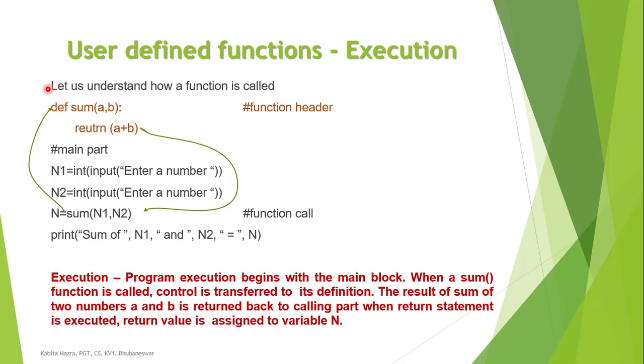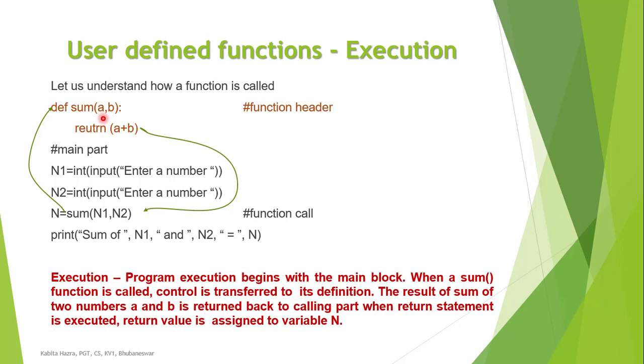Here we are again referring to the same function sum, which adds two numbers a and b. It starts with the def keyword, followed by the name of the function, followed by the function parameter list, the formal parameters. We will see different types of parameters in today's session.